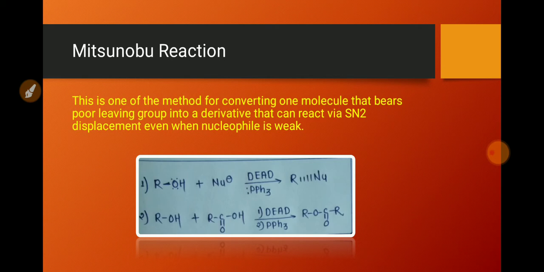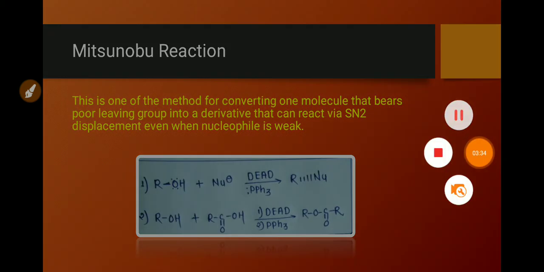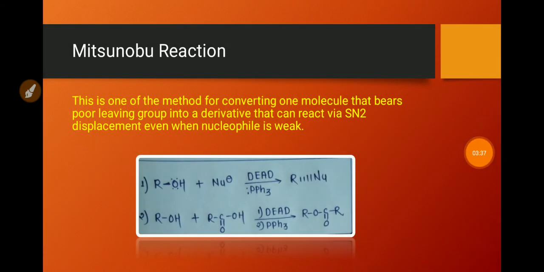This is one of the methods for converting a molecule that bears a poor leaving group into a derivative that can react via SN2 displacement even when the nucleophile is weak. On the other hand, to carry out a reaction by the SN2 mechanism, we normally require a strong nucleophile along with a good leaving group.